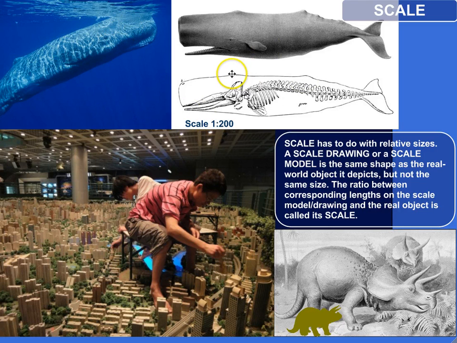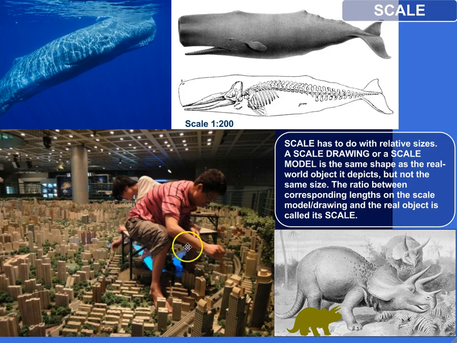So this is a scale drawing, and its scale is that ratio that defines how much smaller the scale drawing is than the real object, right? So that's the idea of scale. It's relative sizes, and it has to do with ratios and corresponding sides.